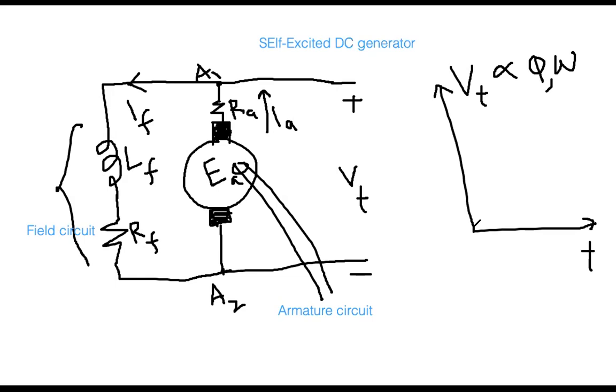So it may happen that there is no voltage build up. It is zero. But if there is some magnetism remaining, for example, today you make one experiment and it was already excited, and next day you make the experiment using this arrangement, then initially you might get some voltage instead of zero.